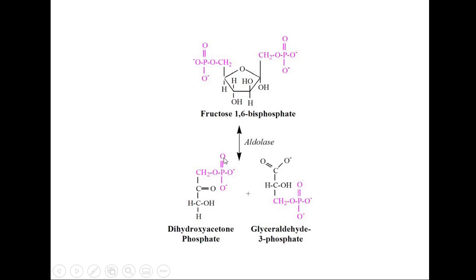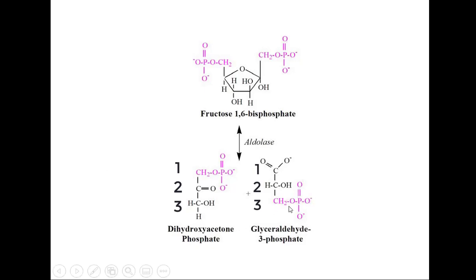How about this one, this part. This molecule is phosphorylated on the carbon 1 side, right, and we call it dihydroxyacetone phosphate. We use just the abbreviation, DHAP.